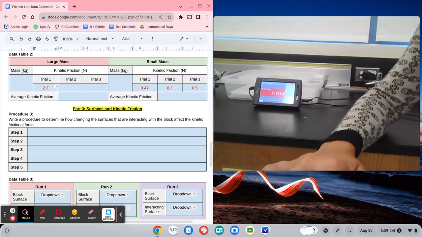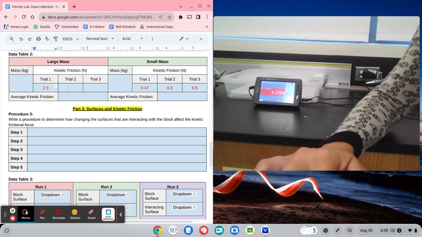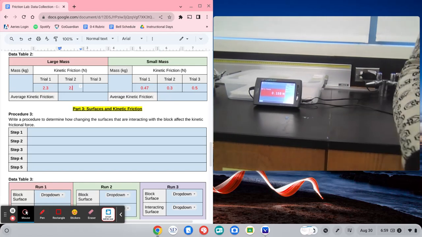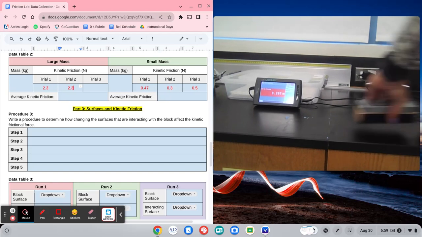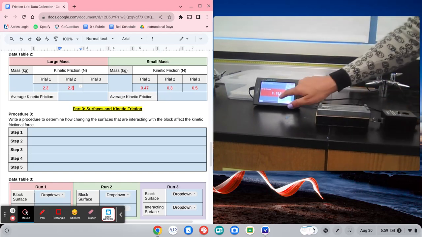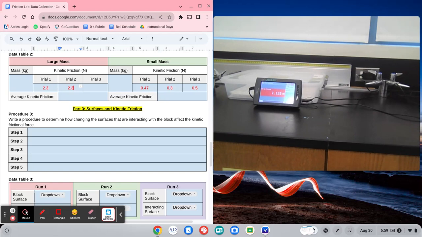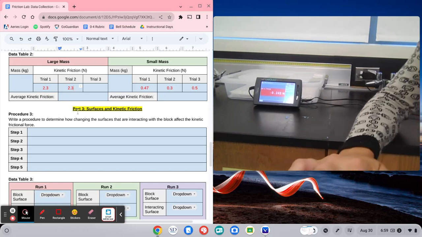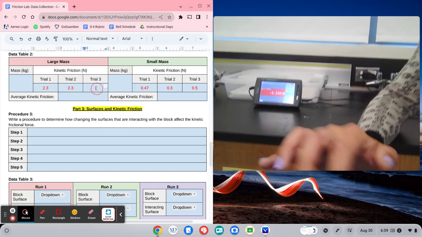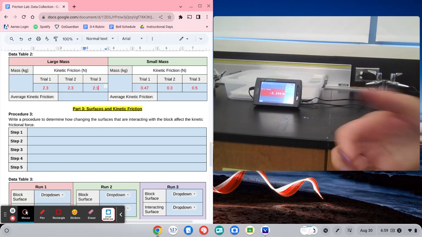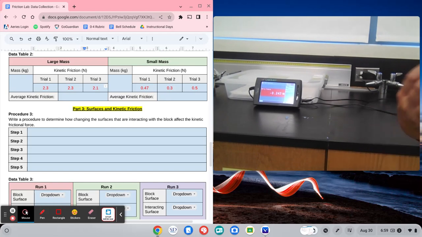I got 2.3 again. That one was 2.1. So we can clearly see for the larger mass, it requires a larger force to keep it at a constant velocity.